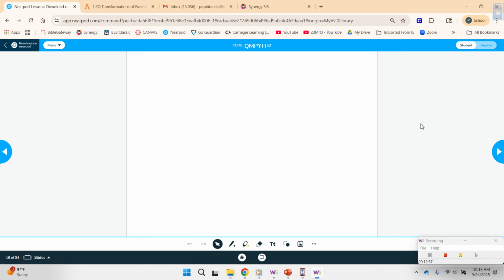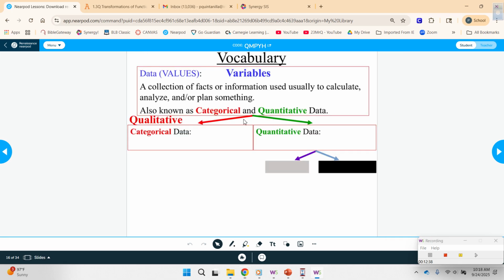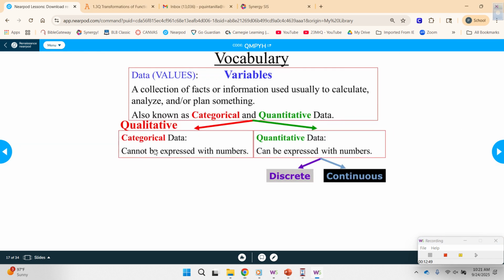All right, fill out the screen, please. Definitions and the 2 variables. Go. 2, 1. Here it goes. Should have written cannot be counted with numbers, can be counted with numbers, discrete versus continuous. Hands if you got that. All right, not bad, not bad.